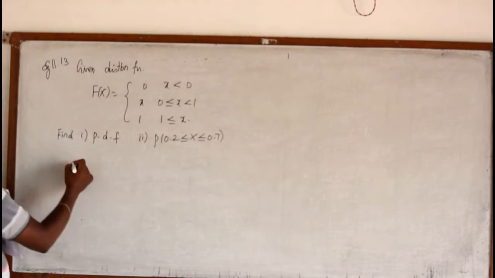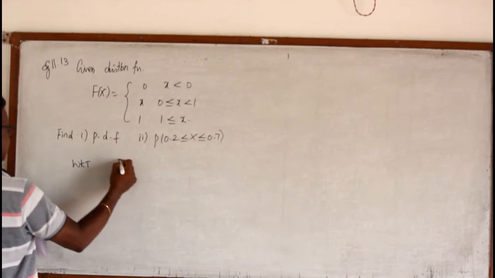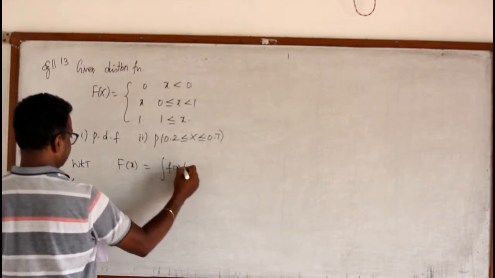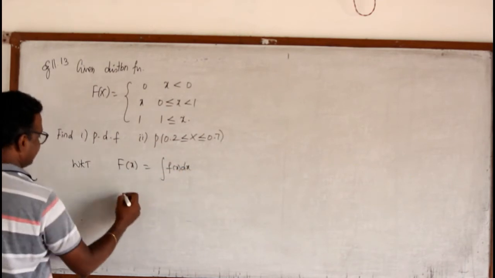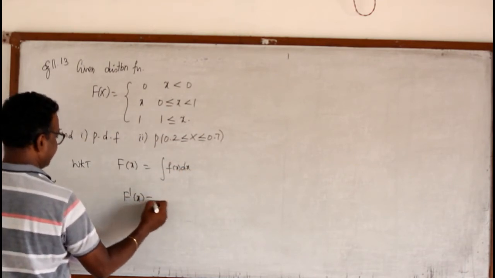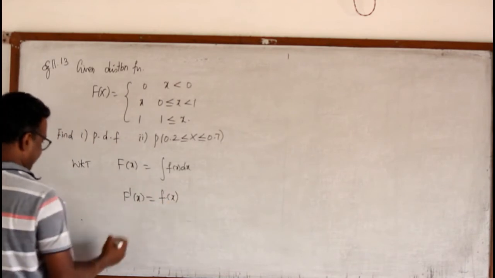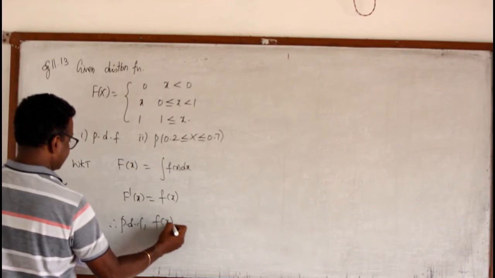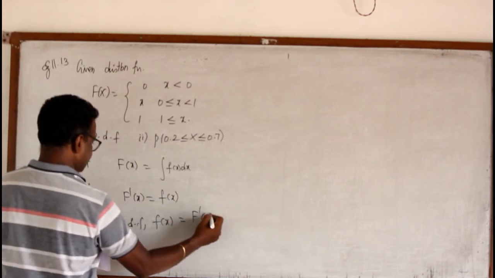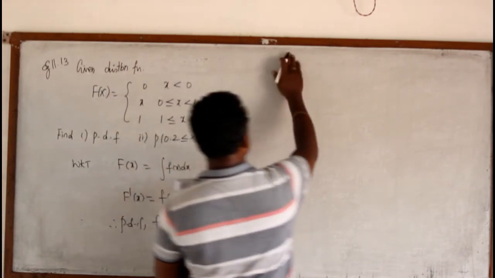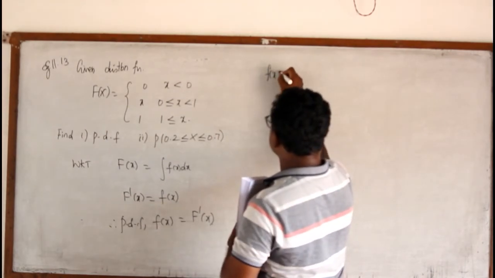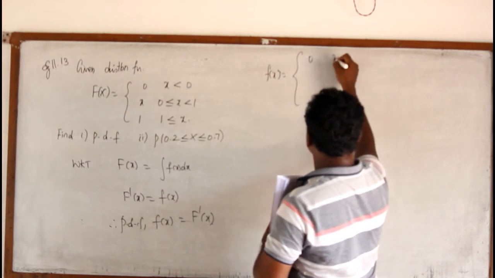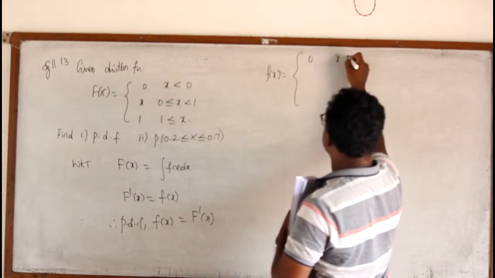Now we know already capital F of x is integration of small f of x dx. Therefore, small f of x, if I differentiate capital F of x, I will get PDF. Therefore, PDF small f of x is given by F dash of x. So, shall we differentiate this? So, small f of x equal to, when I differentiate 0, it is 0 for x less than 0.